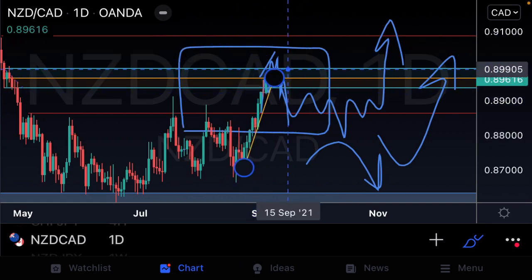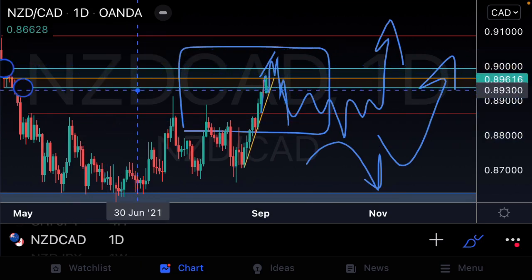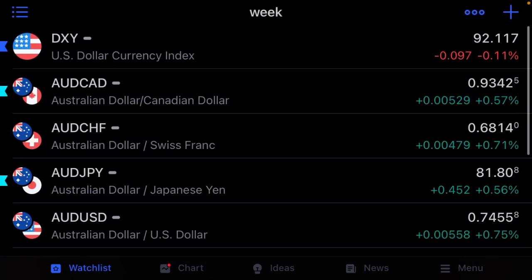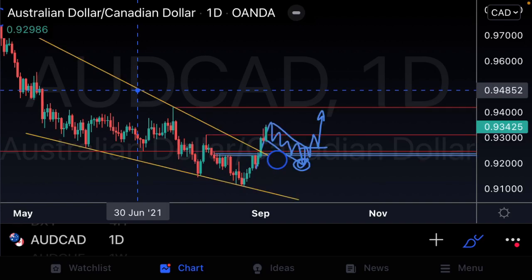If we see CAD weakness and all of these CAD pairs moving to the upside, we're going to be looking to trade that CAD bias on our AUDCAD. Why? Because AUDCAD is giving us a beautiful bullish bias that structure is also warranting us to start looking for.